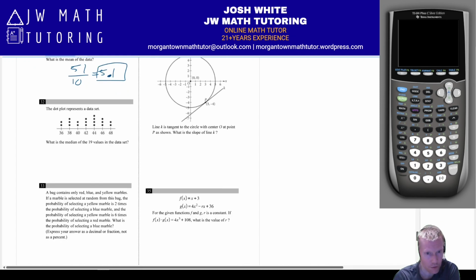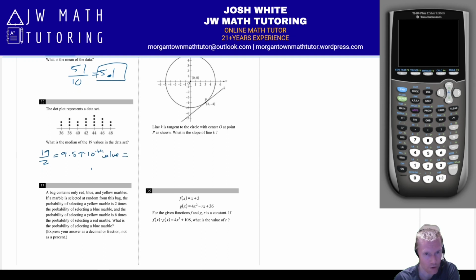Next, 32, we have a dot plot, and they want to know what is the median. So remember, the median is the middle value. If you have an odd number of items like we do here, you divide it by 2. So 19 divided by 2 is technically 9.5, and then you round up. So the 10th value is what is going to equal the median.